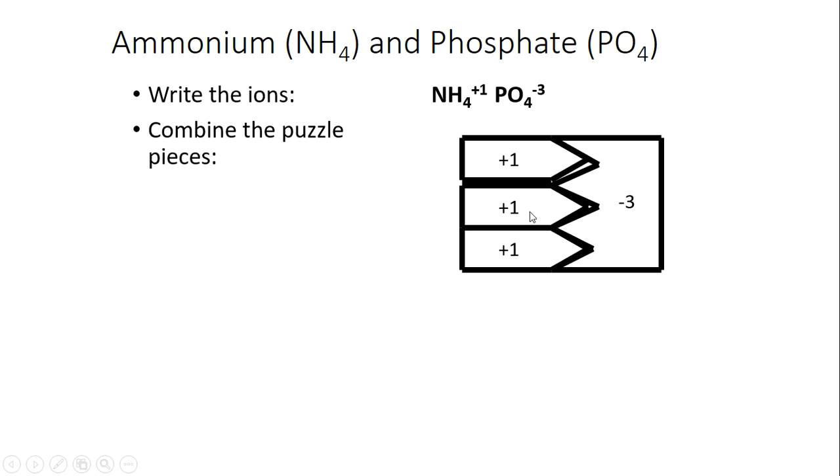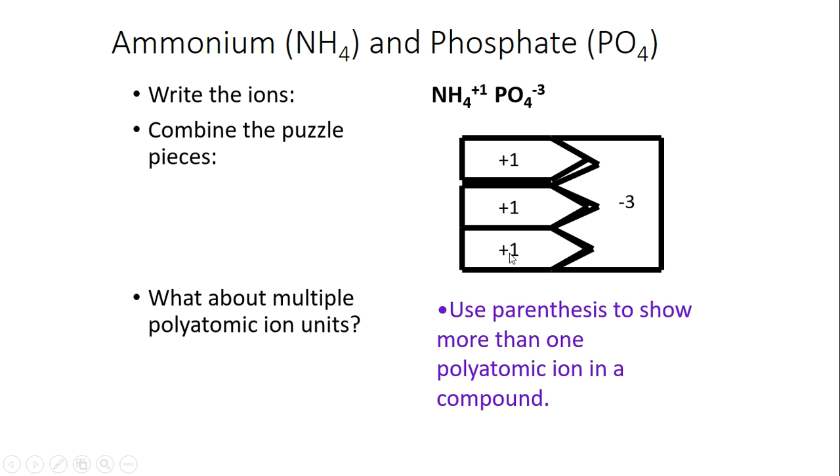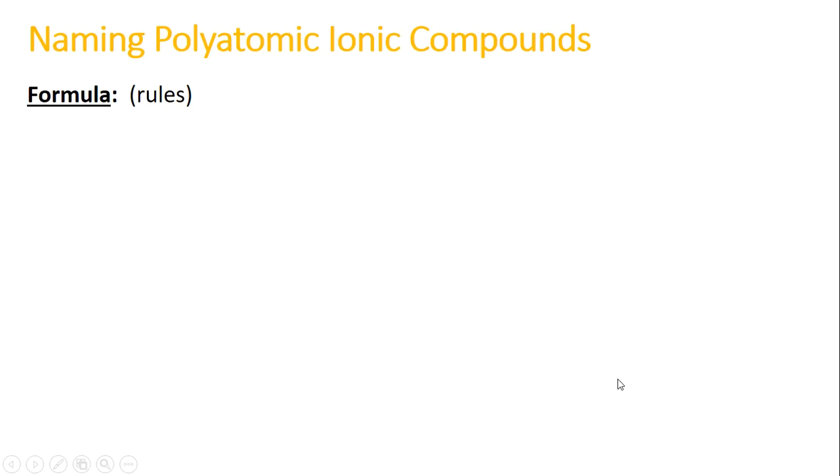So +1 +1 +1 is 3, -3 is 0. And so this is the phosphate. You only needed 1 phosphate to go with the 3 ammoniums. And now we need to use parentheses because we want this whole ammonium group to be taken 3 times. So you write that as NH4 with parentheses all around it, 3. So you take the whole thing 3 times and then the PO4.